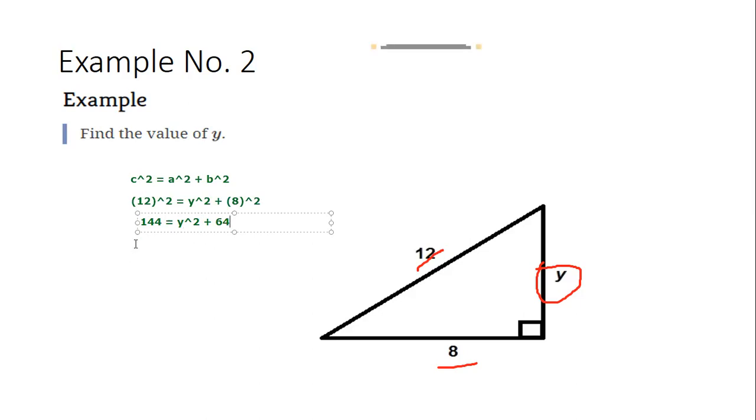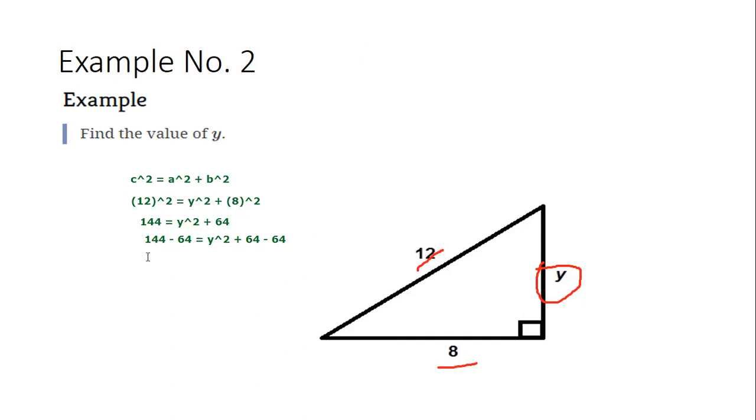By the subtraction property of equality, subtract 64 from both sides of your equation. That's 144 minus 64, which is equal to y squared plus 64 minus 64, in order for us to eliminate the constant on the right side so that y squared will be the only term left.